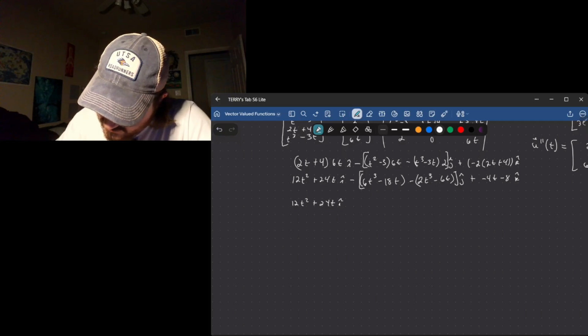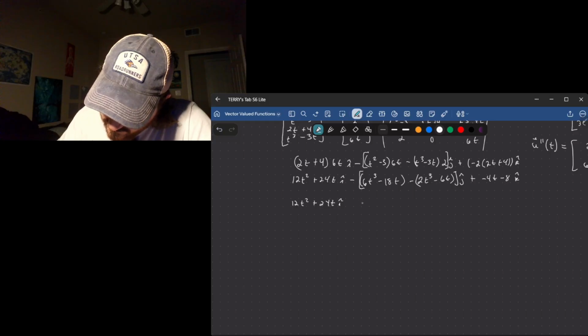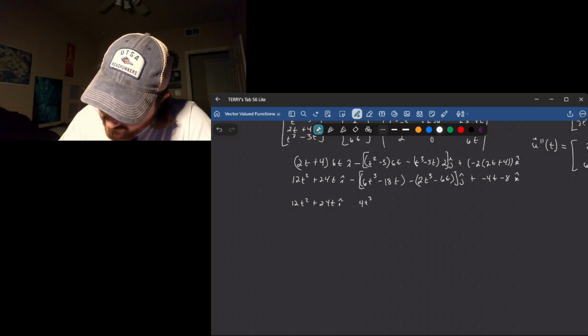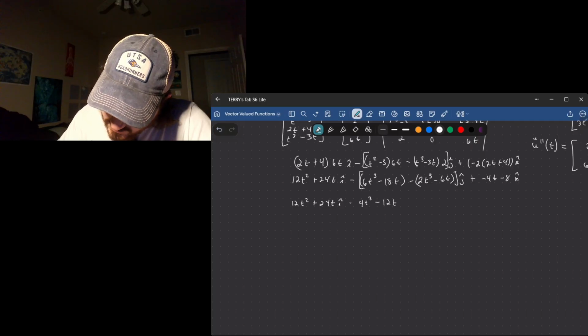Now this next piece, 6t cubed minus 2t cubed, that's 4t cubed. Notice I didn't put a sign in front yet, so we'll see what we want. Now we have negative 18 minus negative 6, that's plus 6, so we get negative 12t here. Then let's go ahead and distribute that negative through, just so we don't lose it by accident.